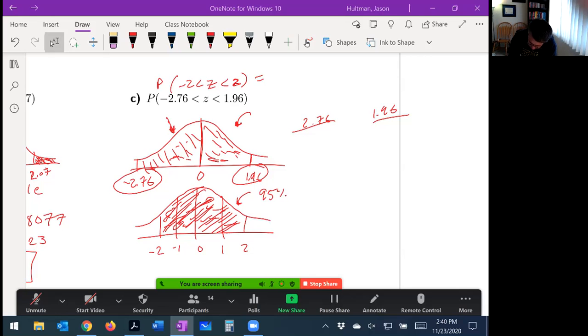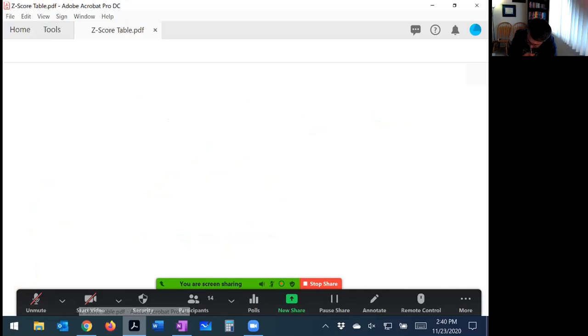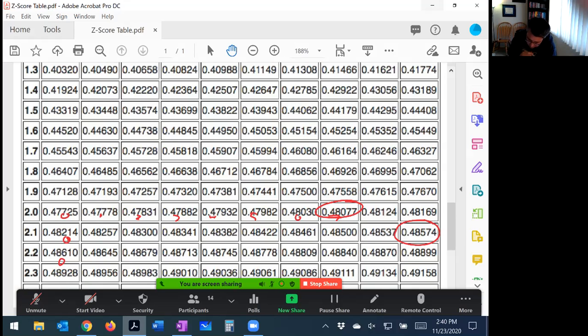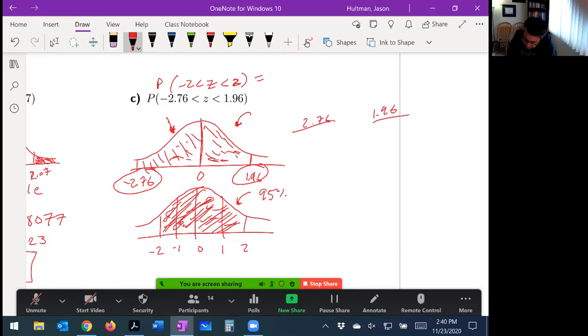Okay, so let's go to the table. What would be 2.76 in my table? You guys have a table that you can look at? What would be the table value for 2.76?